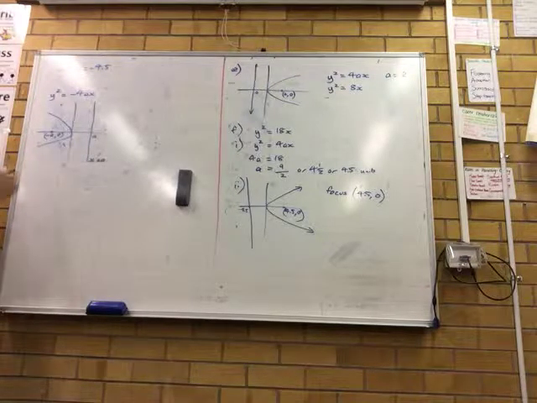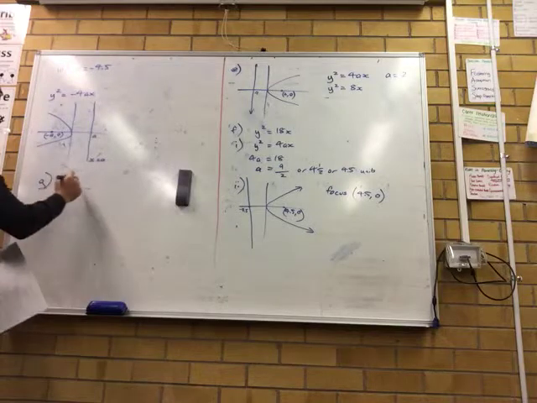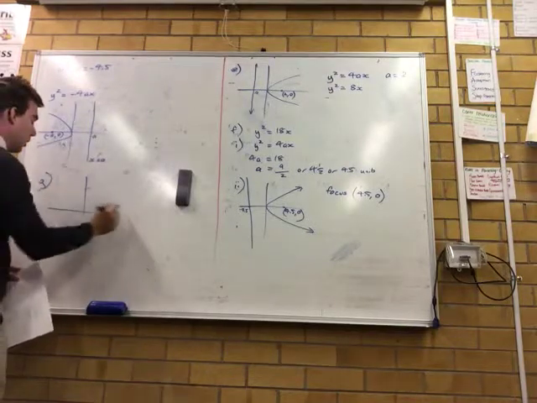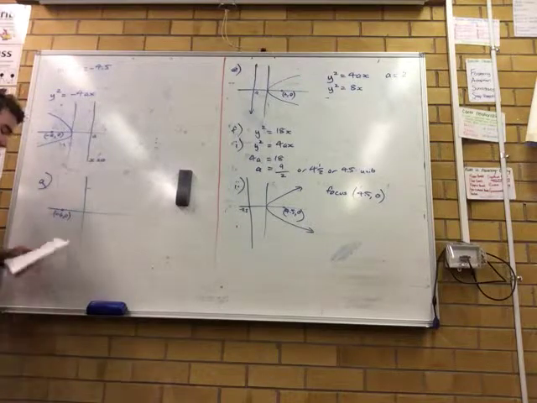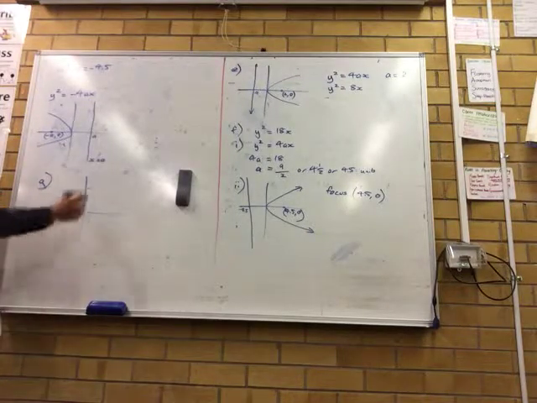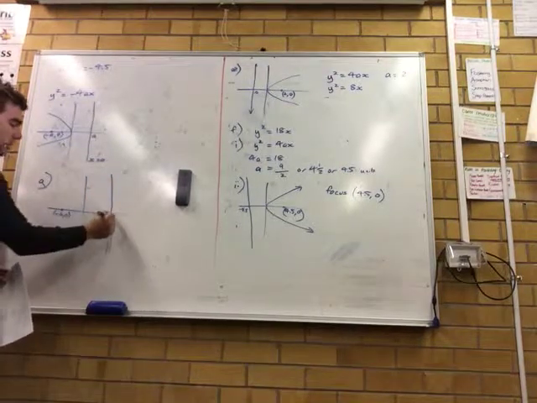Alright, G. Find the equation of the parabola whose focus has coordinates negative 6, 0, and directrix equation x equals 6. So x equals means it crosses that axis at 6.